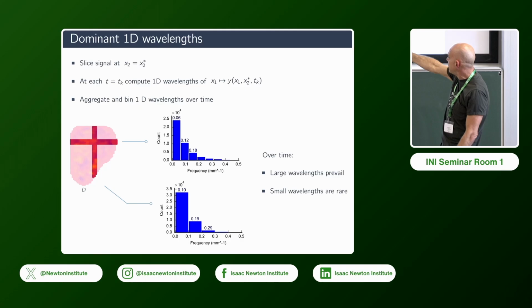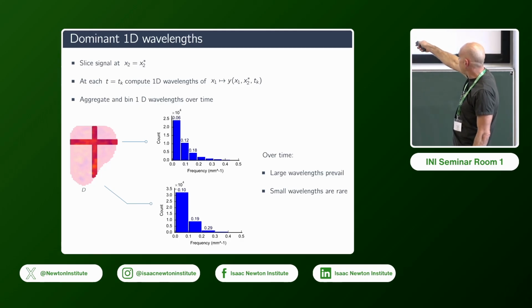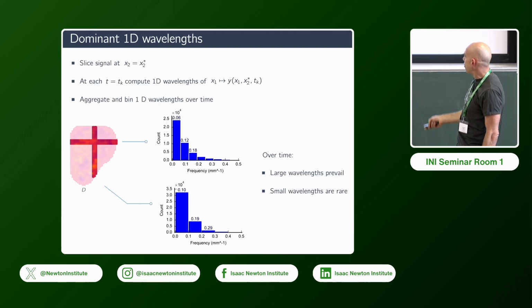And what they find is that effectively, whether you go vertically or horizontally, there seem to be dominating large wavelengths that persist, and small wavelengths are really rare.